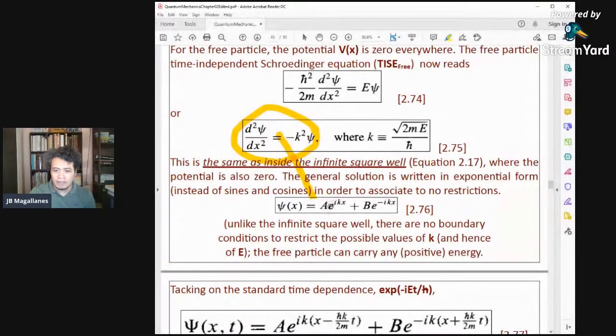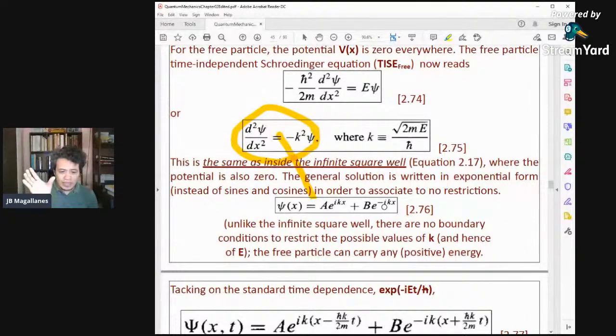This is an analog to the solution of the particle in an infinite square well, where the particle just stays in between the constraint, the potential, the walls of the infinite square well.